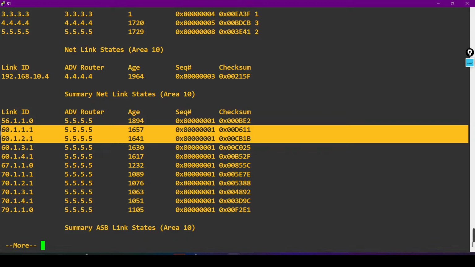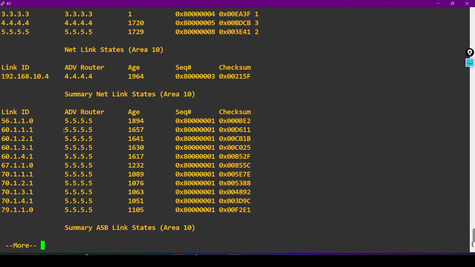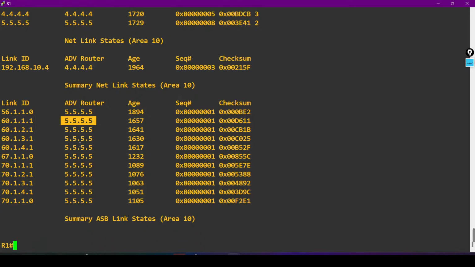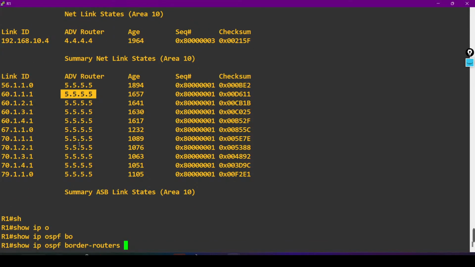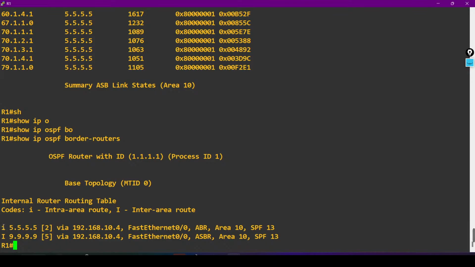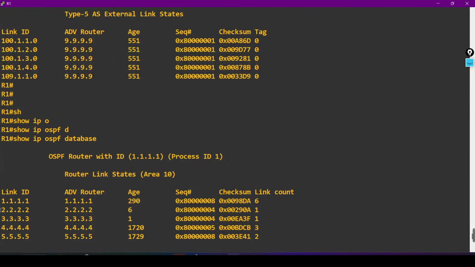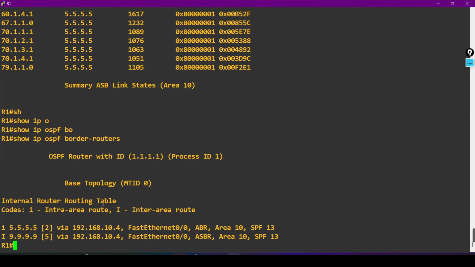So who is advertising this network, guys? 5.5.5.5, my ABR router. So it will first check what is the cost to reach the ABR. So show IP OSPF border-routers. Tell me, what is the cost to reach the ABR? 2. And then it will check what is the cost from the ABR to the 60.1.1.0 network.